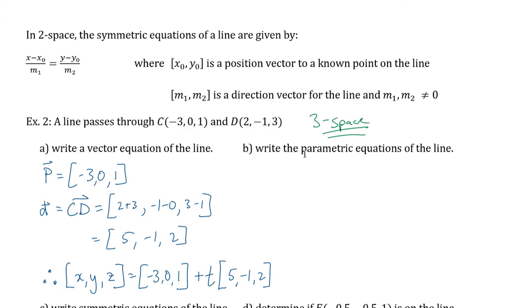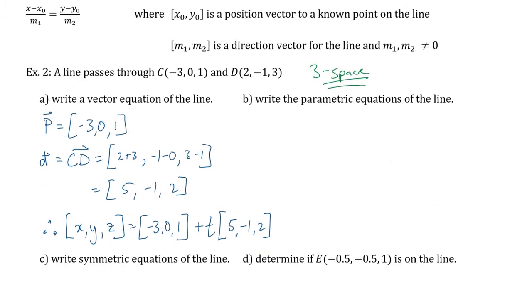Okay, write the parametric equation of the line. And again, you'll notice that what we're doing is just all the same stuff that we've been doing, but we also have to know how to do it in 3 space. So the parametric equation of the line is going to be the x part, which is -3 plus 5t. Again, the -3 and the 5 is just where I got that from. y equals, well, 0 minus 1 times t, so that's just -t.